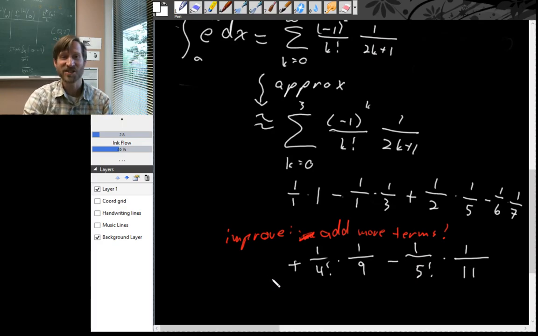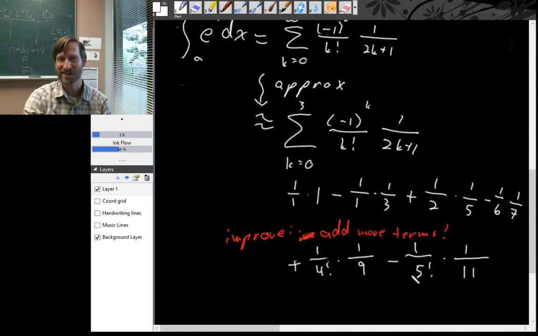There's a second advantage, which isn't so obvious, but it turns out that if you need to do this approximation to within a certain error, the Taylor series method gets closer to the real value faster than the trapezoid or the Simpson's method. This should be plausible given this sequence because look at how fast the denominators are increasing.